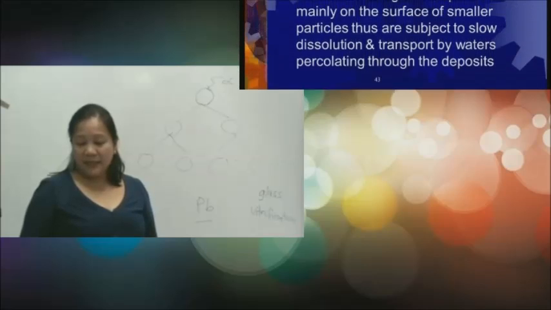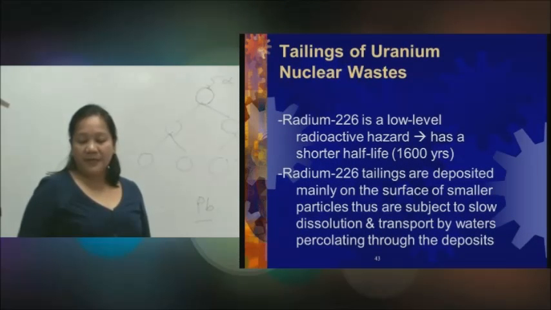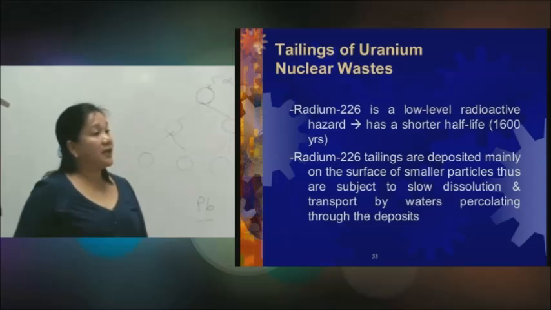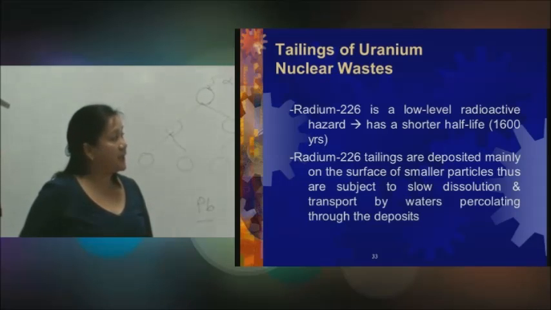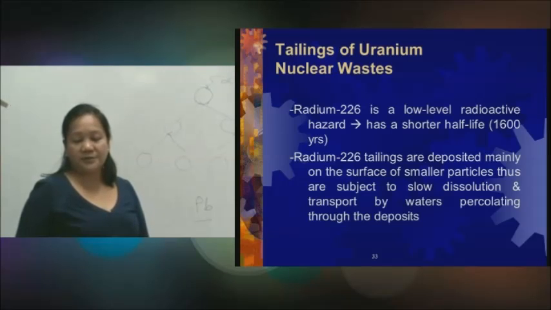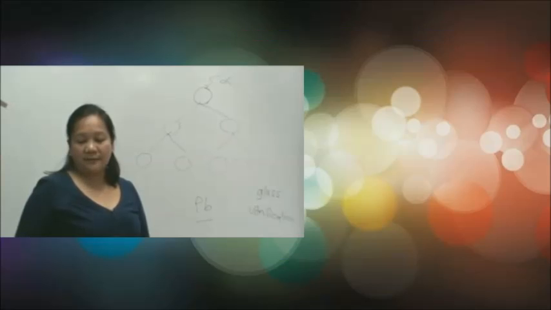Now, radioactive contamination may also be brought about by the uranium tailings itself, especially when it is not handled properly. Now, other environmental concerns may come from the isotopes of uranium such as thorium, radium, and radon as radioactive daughters. Okay.